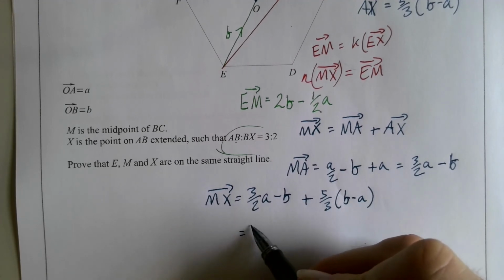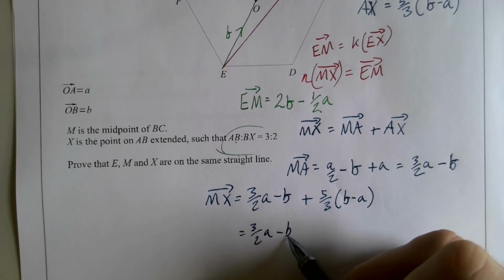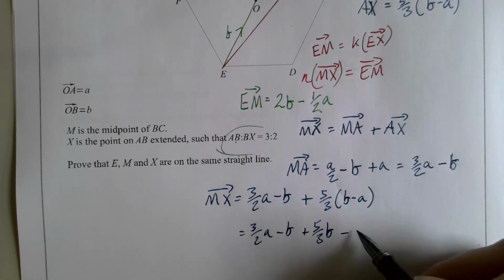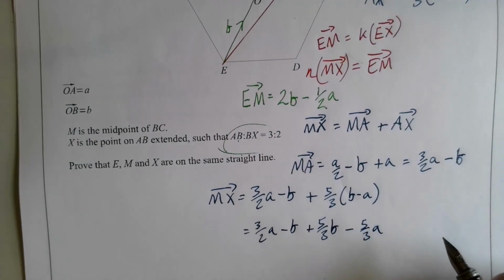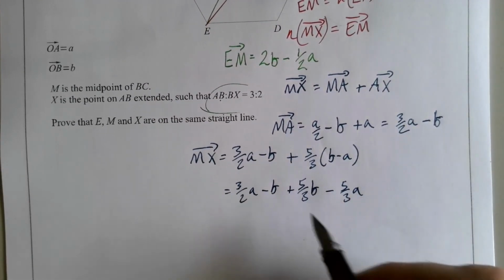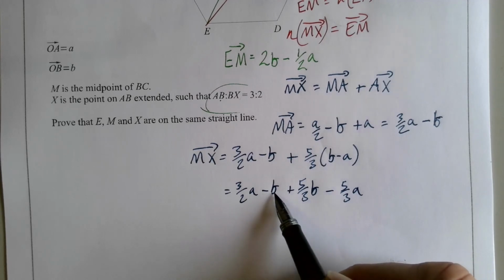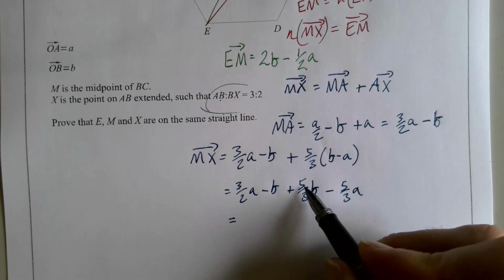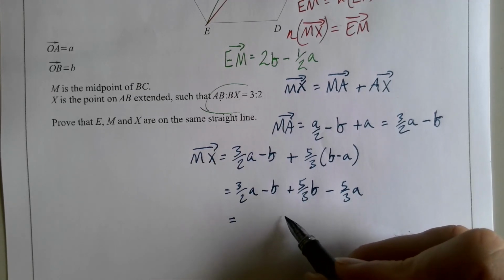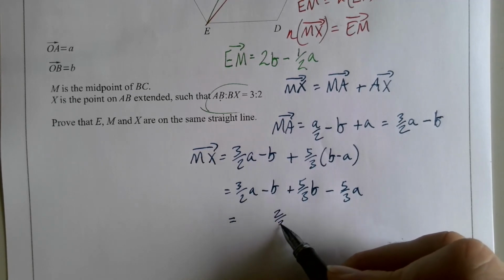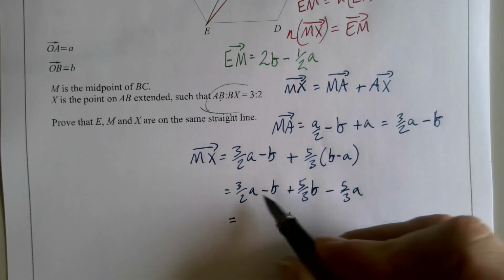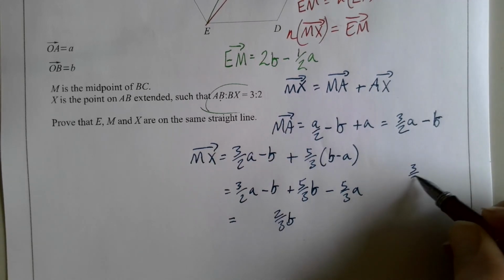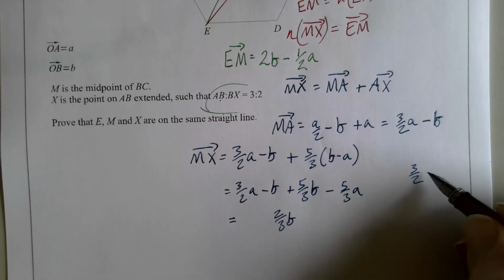So 3 over 2A minus B plus 5 thirds B take 5 thirds of A. So if I've got 5 thirds of something and I take a whole, which is 3 thirds, I hope you agree with me that 5 take 3 is 2. So that's going to give us 2 thirds B. And let's sort out the A's separately. I'm just going to ignore the B and just do 3 over 2 take 5 thirds.